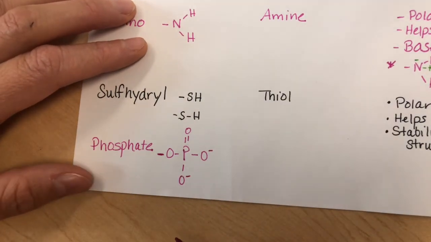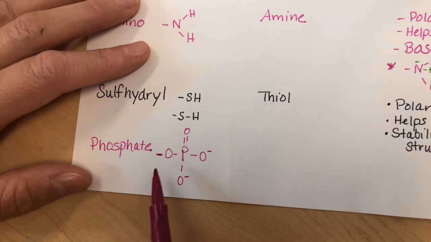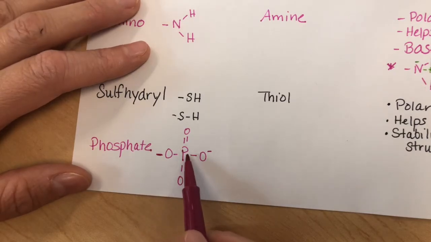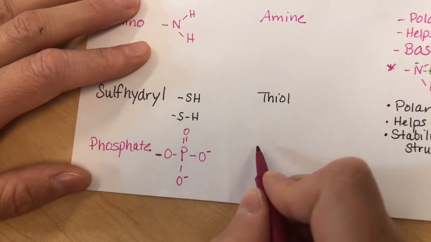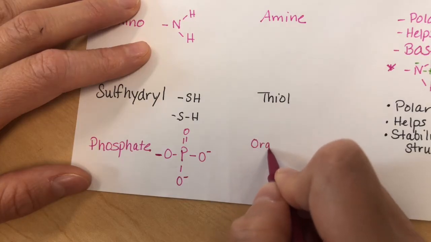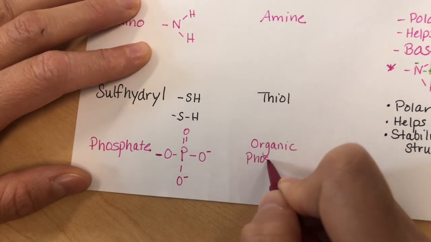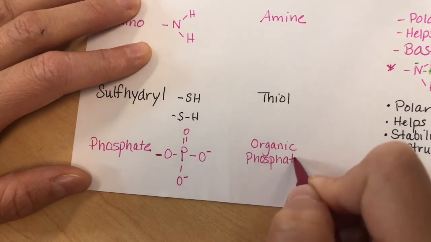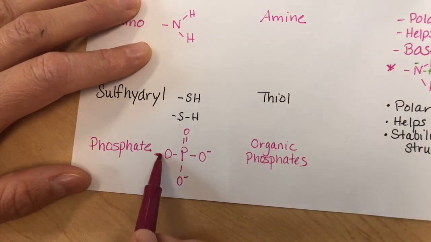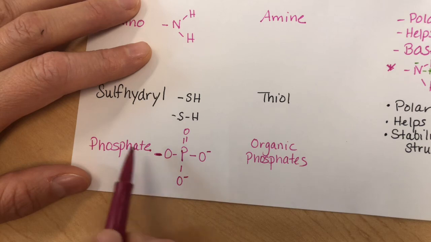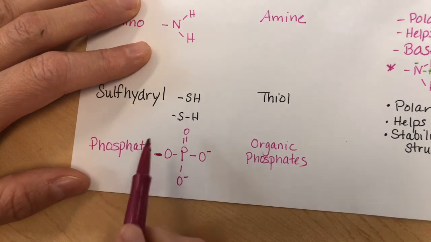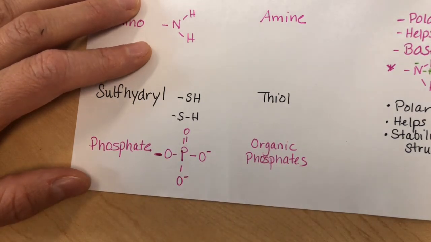All right, so that's what that looks like, and that's why they call it the phosphate group, because it has phosphorus, and the molecules that have this are called organic phosphates. Usually the part of the molecule that I didn't draw over here would have carbon in it, hence the organic.